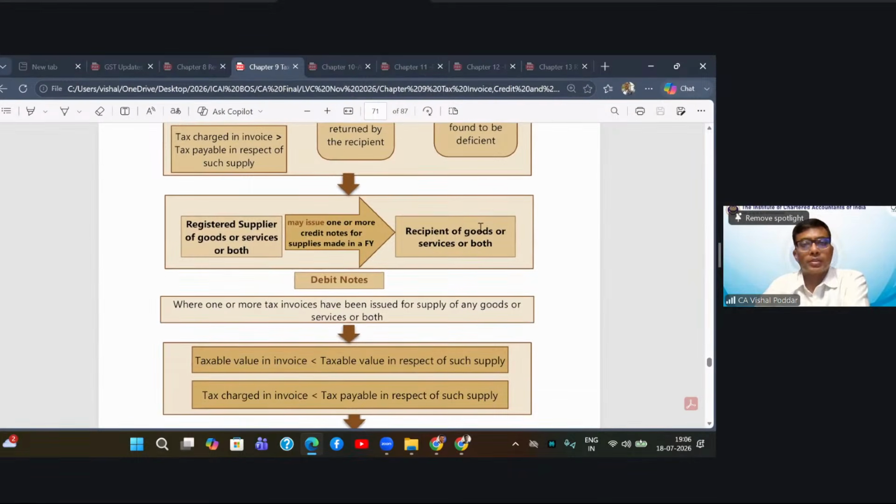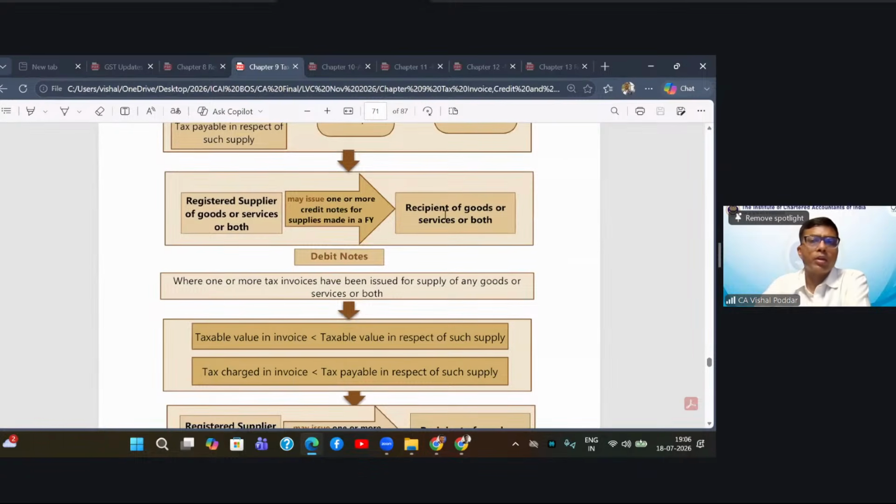In all these cases, what I can do is reduce the value or reduce the tax. In all the above cases, I can issue a credit note for whatever supplies I have made in that financial year to my recipient. And on this basis, I can reduce my tax liability and correspondingly, the recipient reduces its ITC.